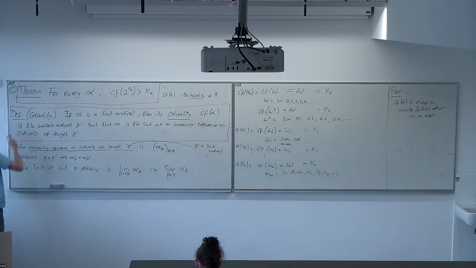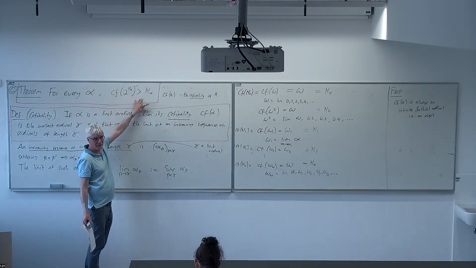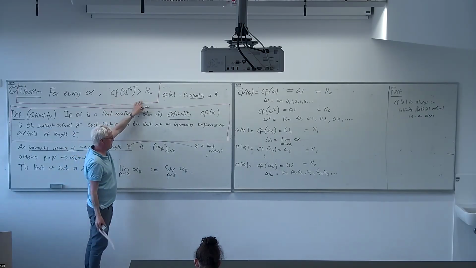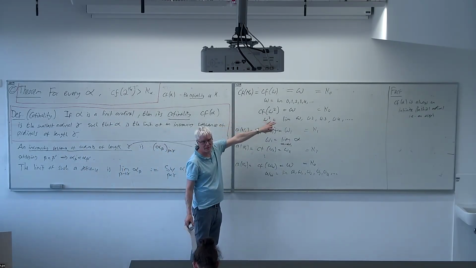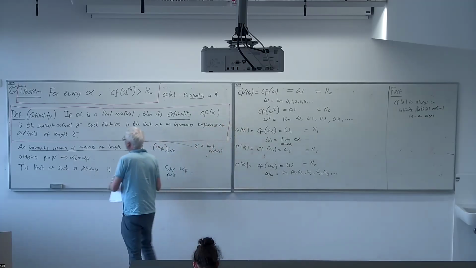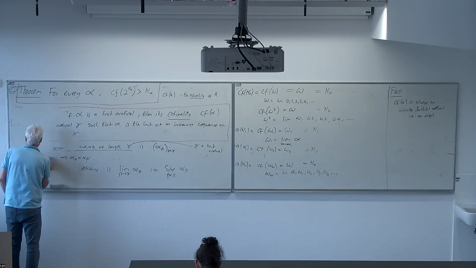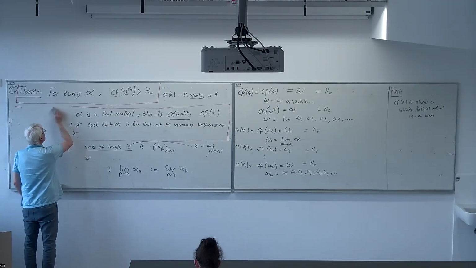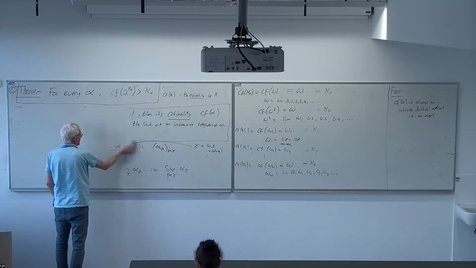So what does this theorem tell us? Here we're talking about cofinalities of cardinals. I said the cofinality always gives us a cardinal, and by the cofinality of the cardinal, we mean the cofinality of the corresponding initial ordinal. So what information can we get from this theorem? We actually get something interesting here, for example, about the cardinality of the continuum.